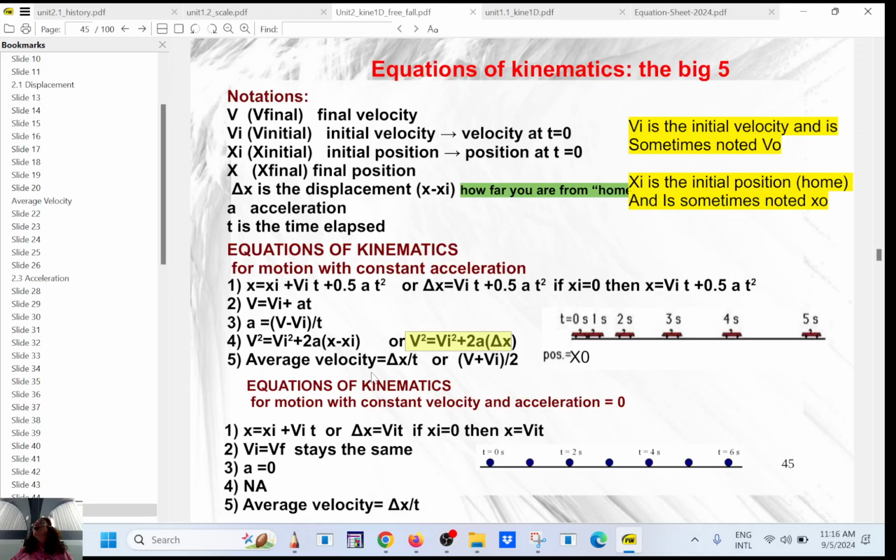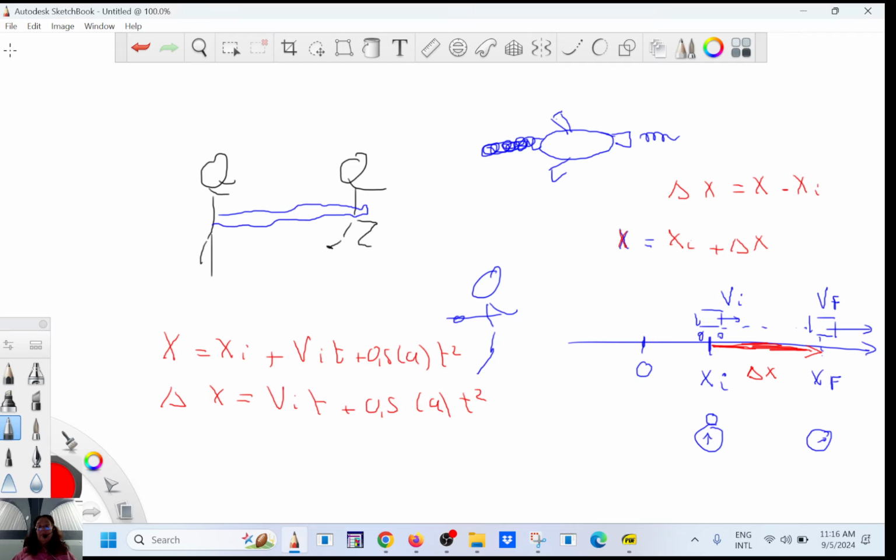Average velocity by definition is delta x over delta t. Okay? And because the acceleration is constant, it will just be the midpoint. Do you understand that? So it means that if the velocity increases at a constant rate, so you go from here to there, do you understand that it's a constant rate?